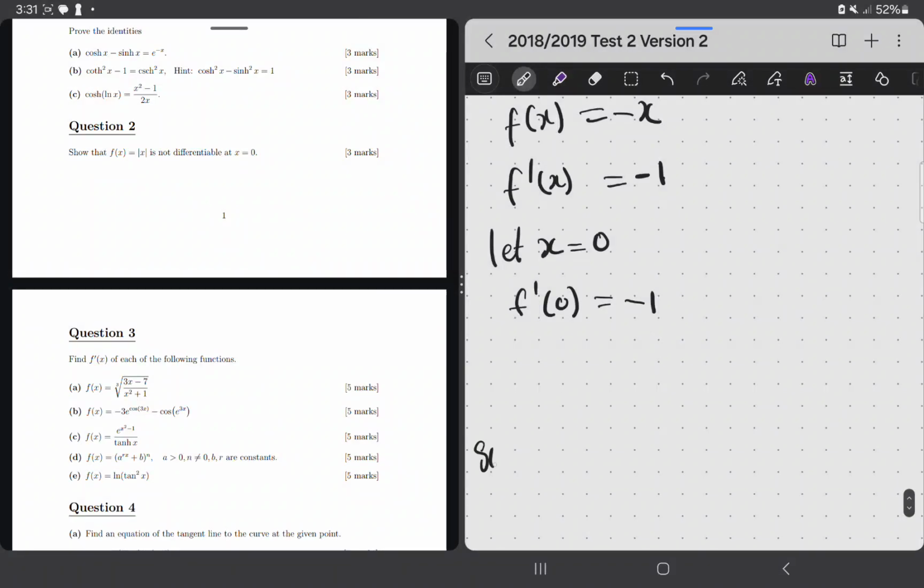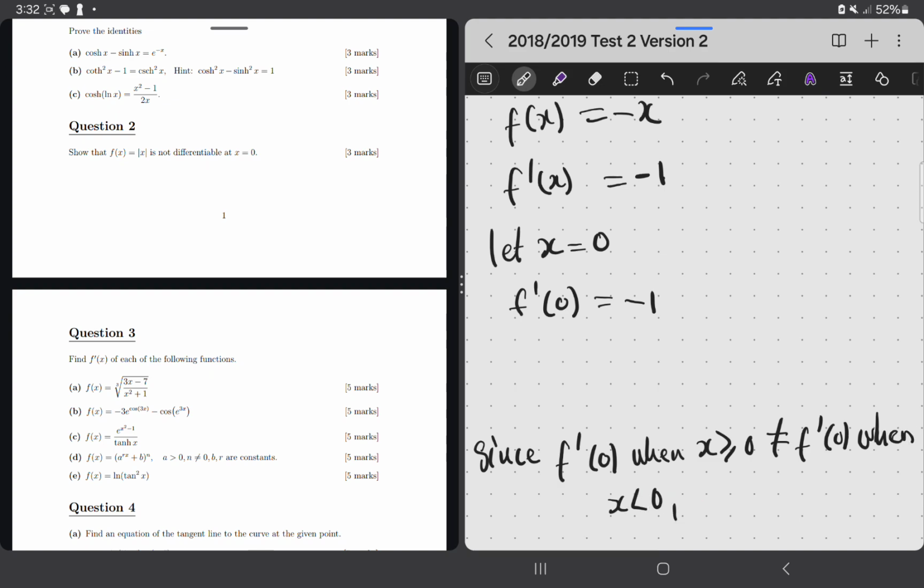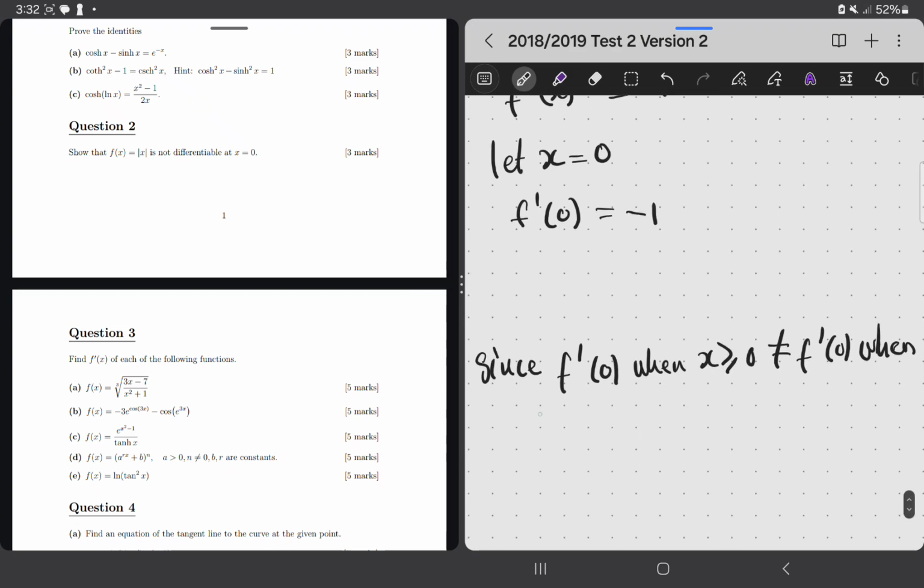Now here you can say, since f prime of 0 when x is greater than or equal to 0 is not equal to f prime of 0 when x is less than 0, therefore the function is not differentiable at x equal to 0.